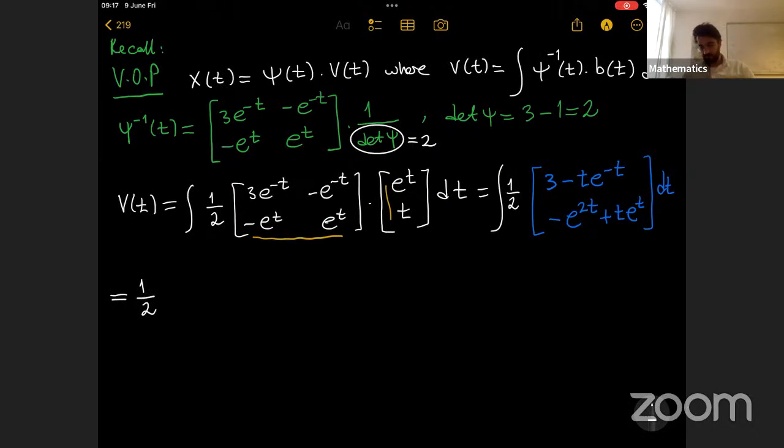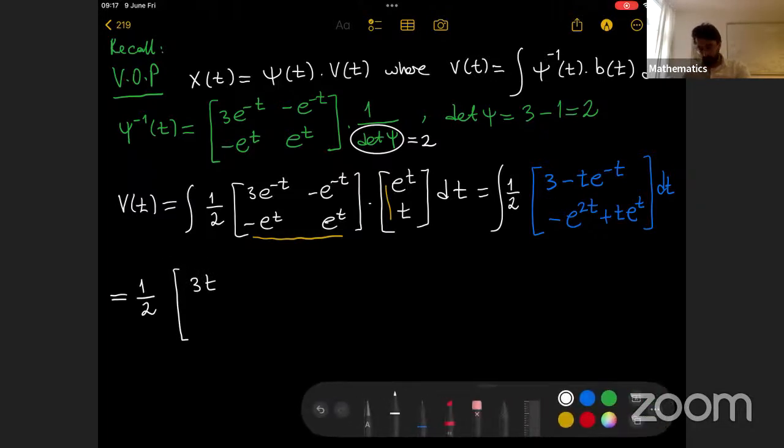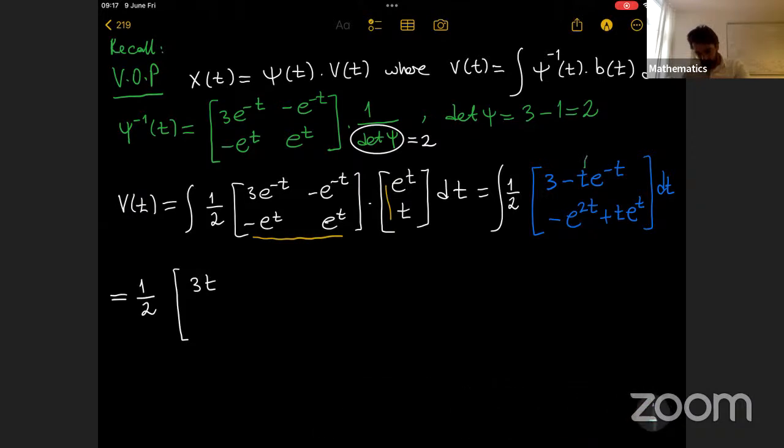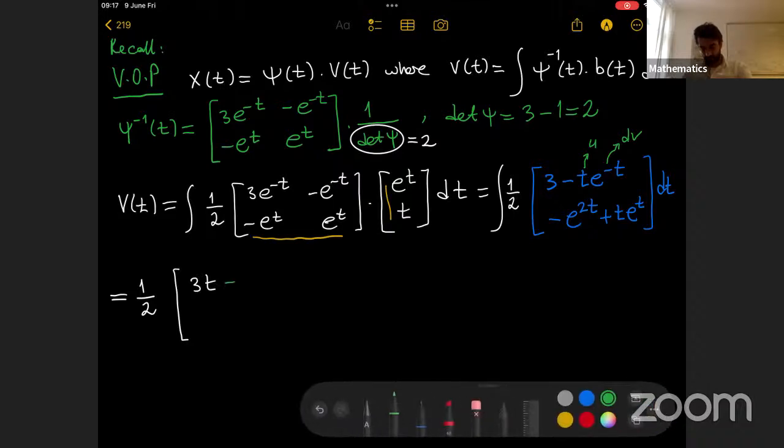Well, you can do this with integration by parts. From 3, we will have 3t. This is easy, right? And from the other one here, let's say this is u and this is dv. Then we use integration by parts for this. So basically, let's take the minus out.